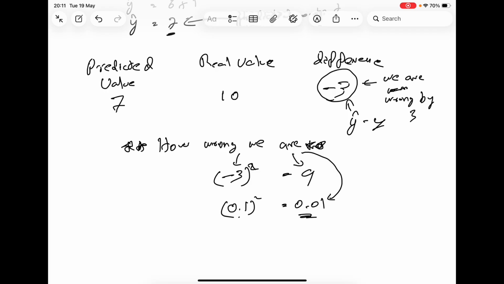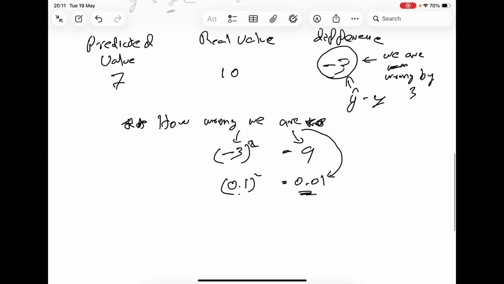In addition, this will also help us with our loss function. You will understand this later, just keep it in mind for now. So our aim is to find how wrong we are, right?